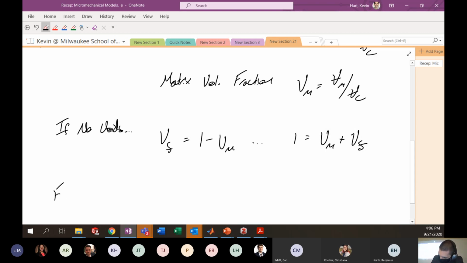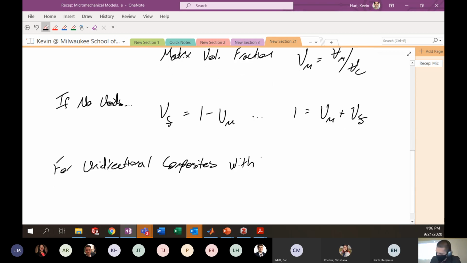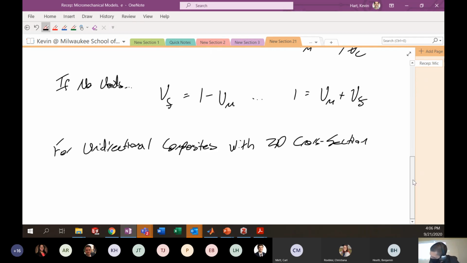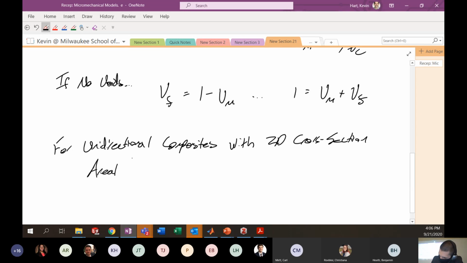So we'll say for unidirectional composites with 2D cross-section, the areal fraction is a proxy for volume fraction.